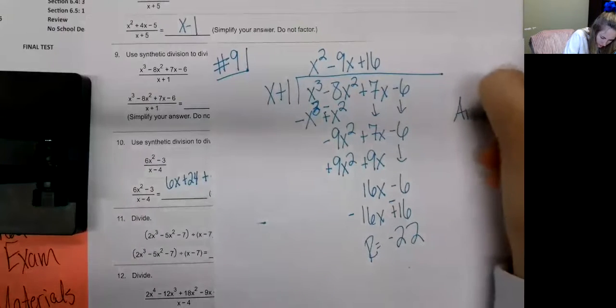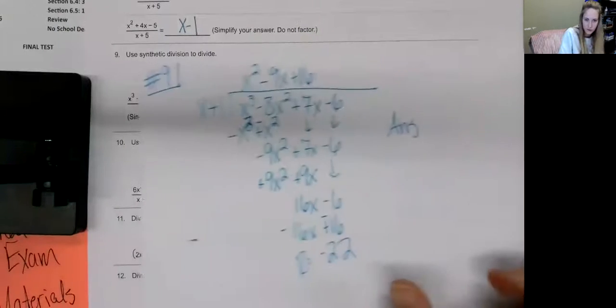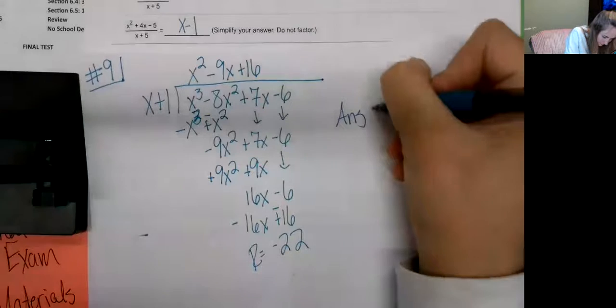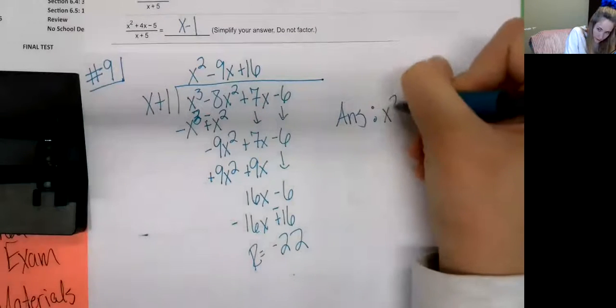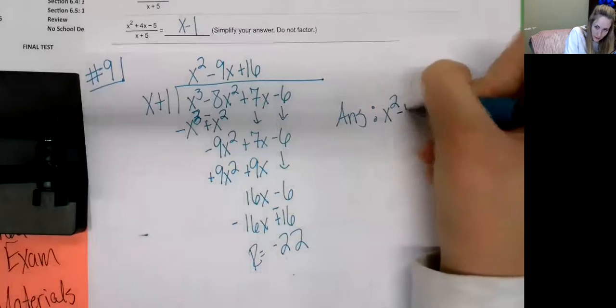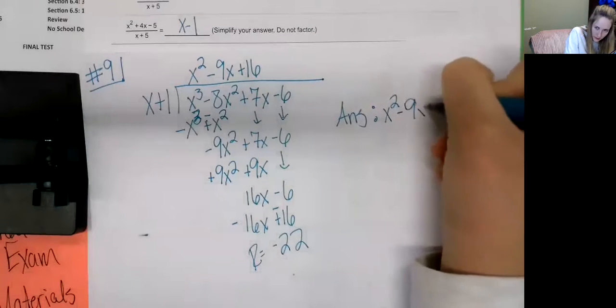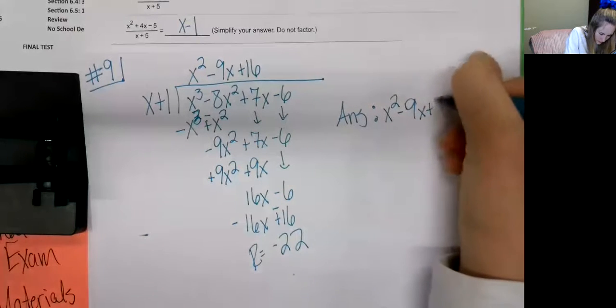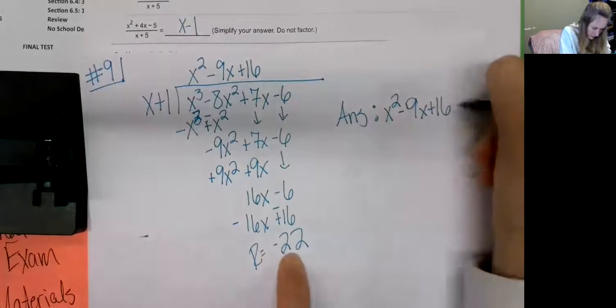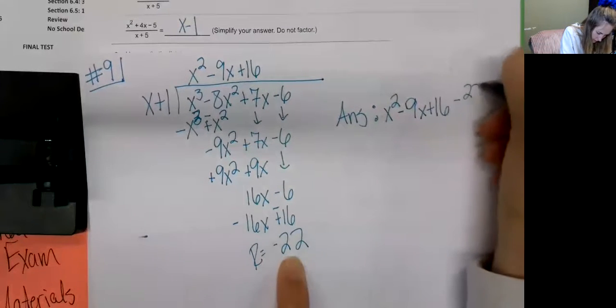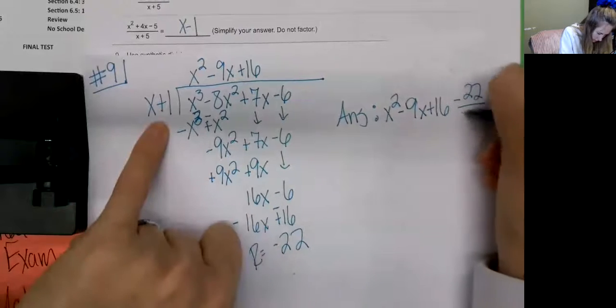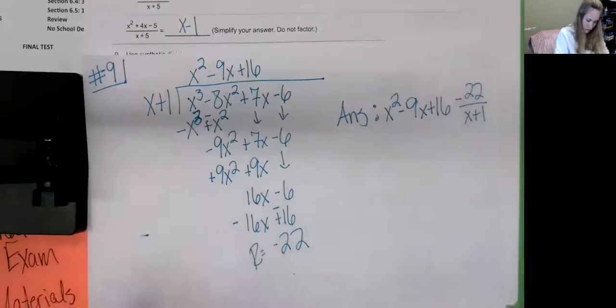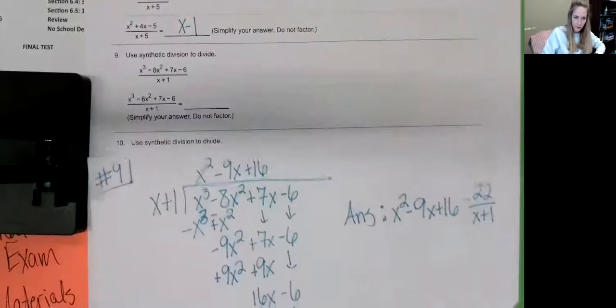So our answer, let me scoot this over so y'all can see it this time, is x squared subtract 9x plus 16. Our remainder was negative, so subtract 22 over x plus 1. And I'm going to copy that down here.